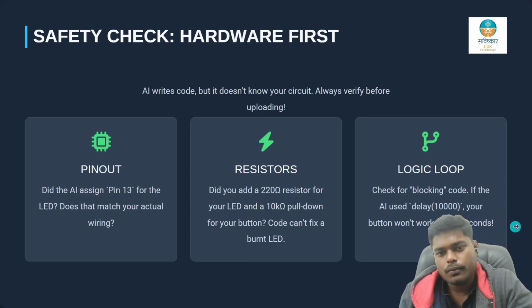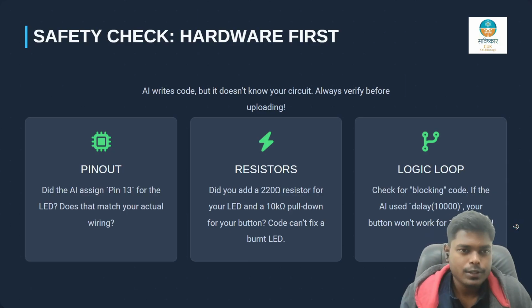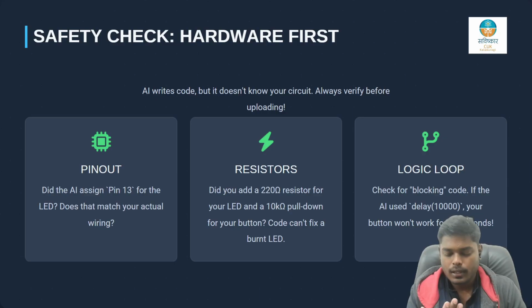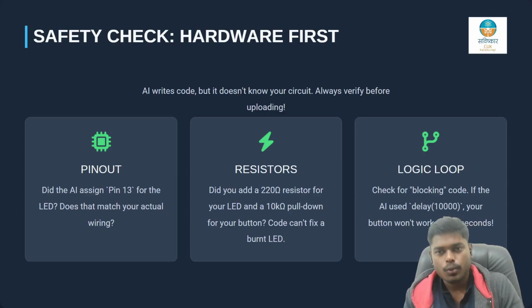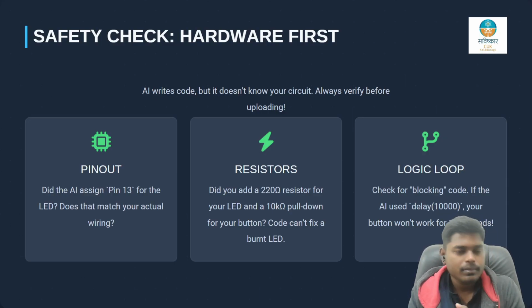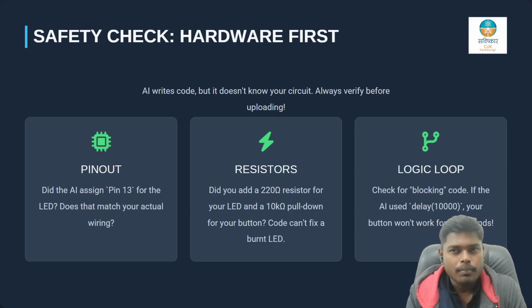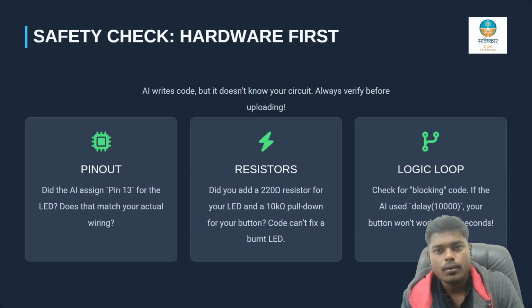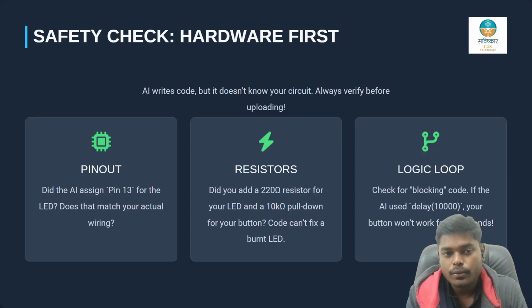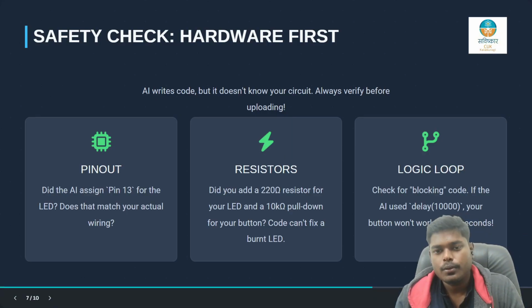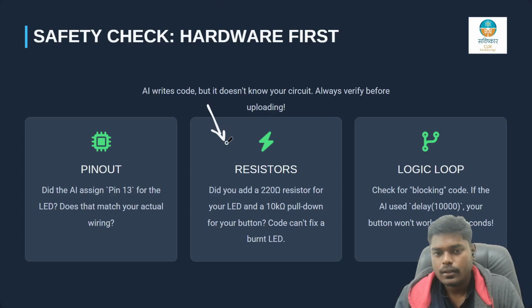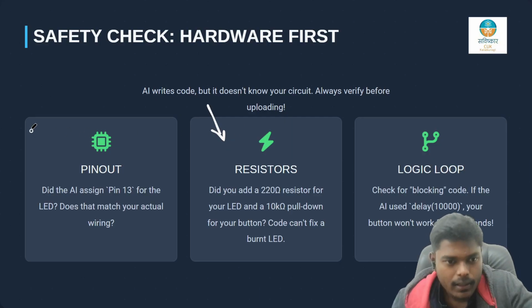All right. So what are the things which you have to always make sure? Although we can rely on AI for code, the hardware is something which we have to do by ourselves. So while building a project with the help of Google Gemini, Perplexity, or any of the AI tools, you must first ensure that you have the resistors and LED connected, right?